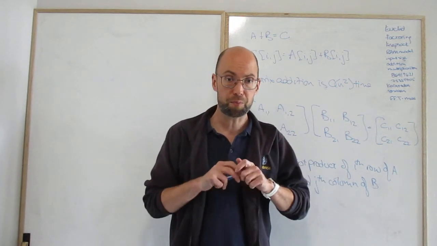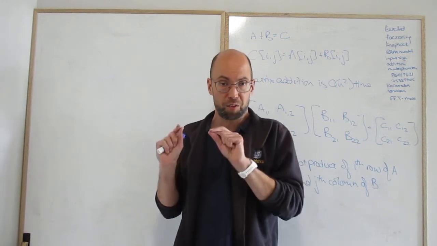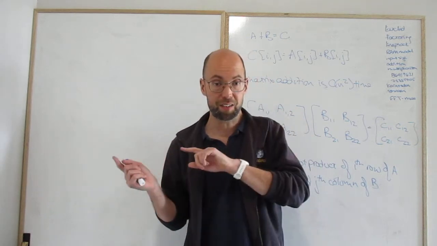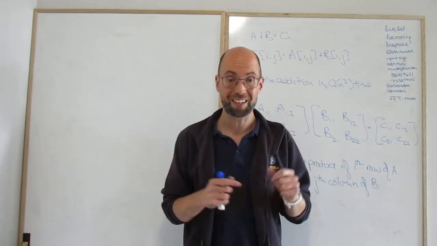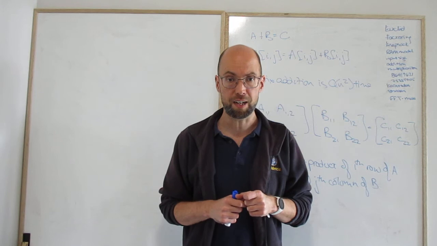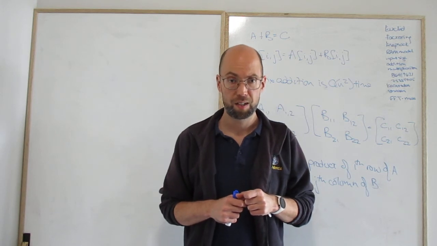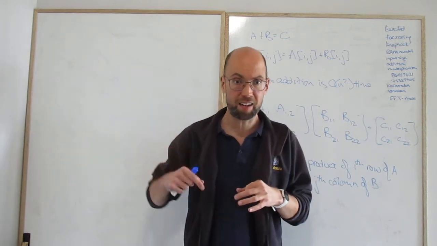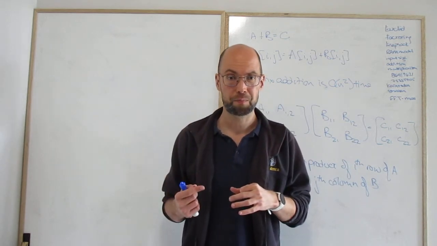To do the dot product, you're going to multiply the first component by the first component, the second component by the second component, and then you're going to add all of these products up. That's going to take you n time. So to compute each entry of C, it's n time using the standard algorithm.